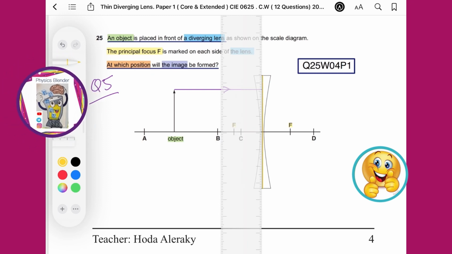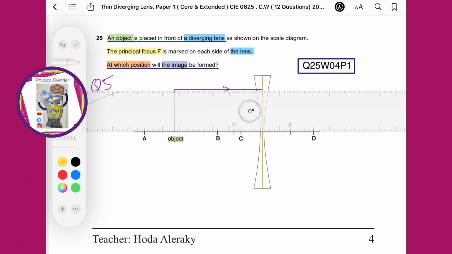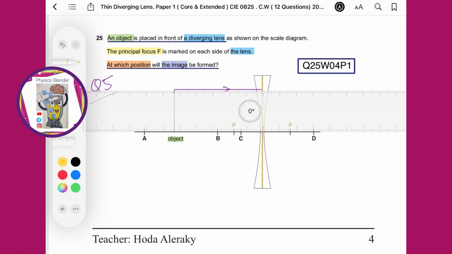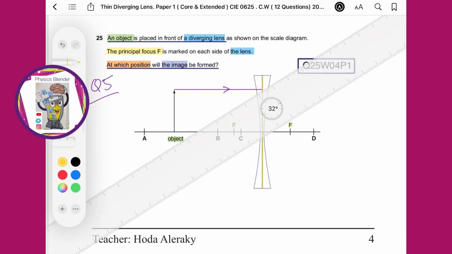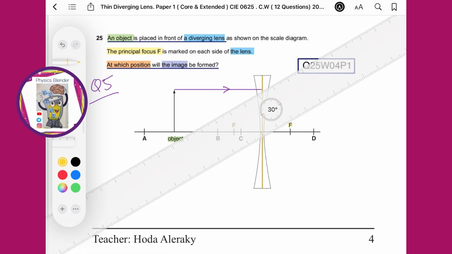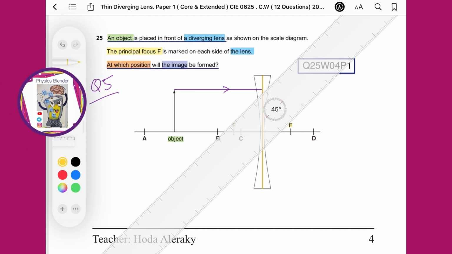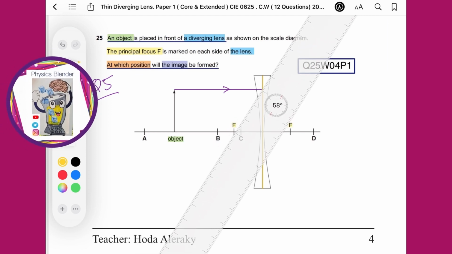So what will happen to this ray passing parallel to the principal axis? When it enters the diverging lens, it will refract and diverge. But in which direction? It should diverge with its extension passing through the focus, like this.